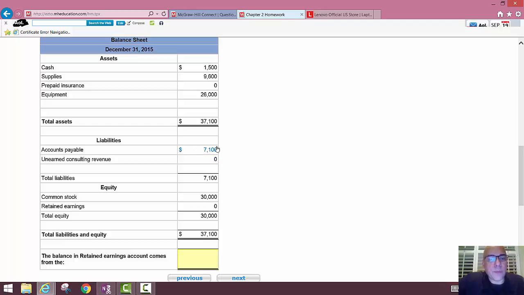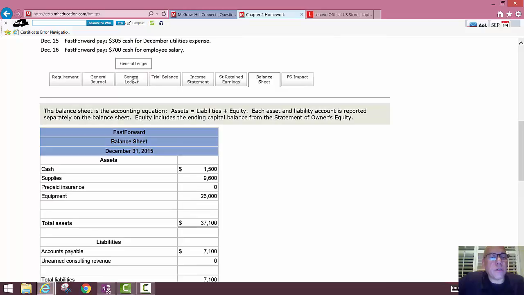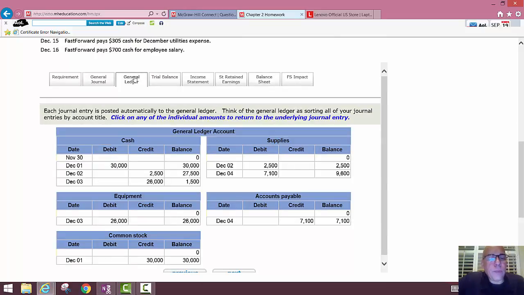And so notice that we are at $7,100 here for our liabilities, and notice our stockholders' equity plus our common stock still balances, right? Our supplies went up for $7,100, but our liabilities went up for $7,100. It might help to look at, I think it's a good idea for us to look at the general ledger on that one.